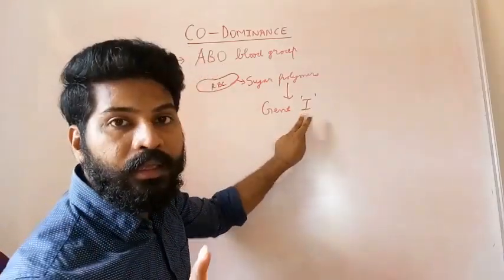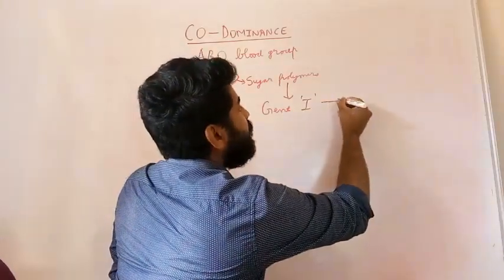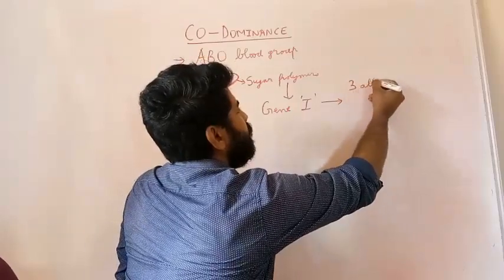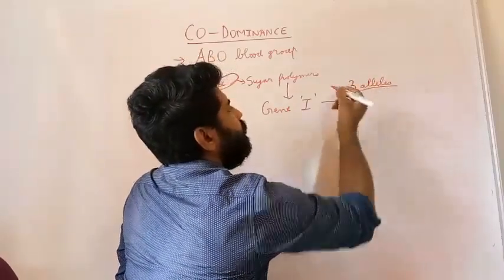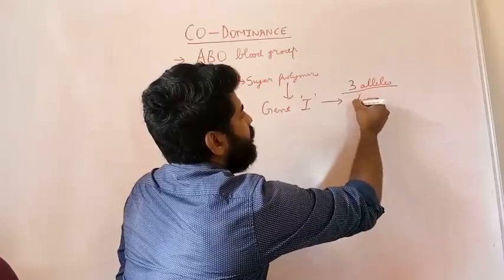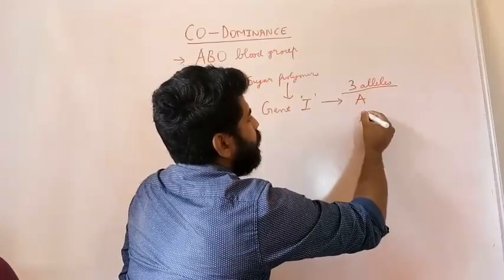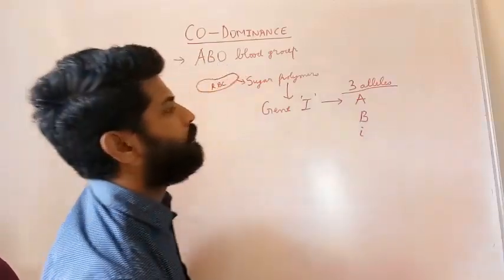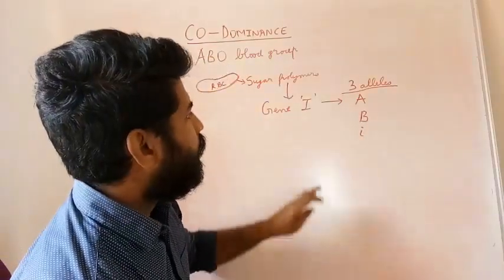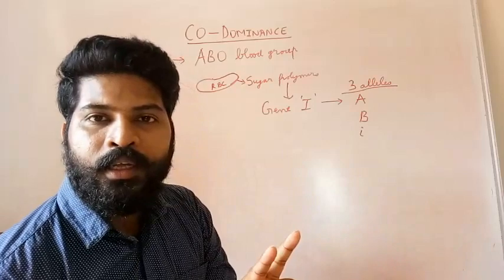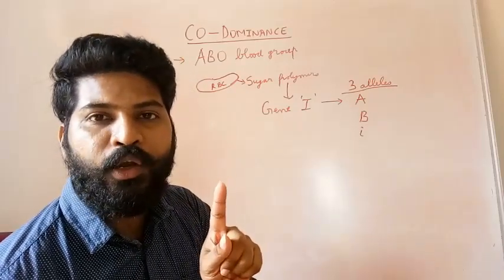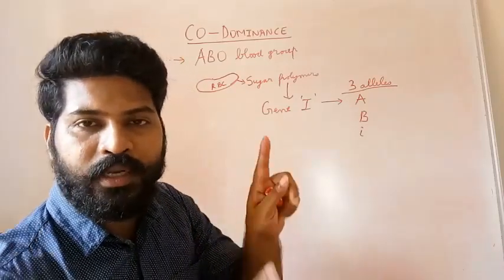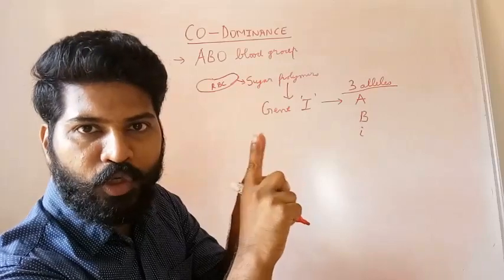This gene I has three alleles. So the alleles are A, B and a small i. We know that usually one trait is controlled by two alleles because there are two copies of the chromosome.